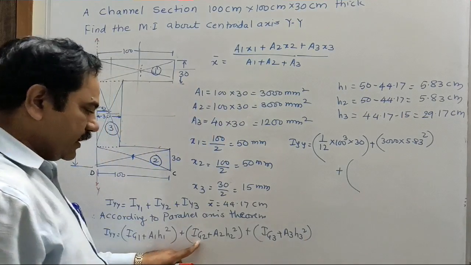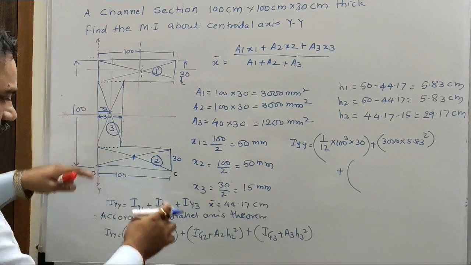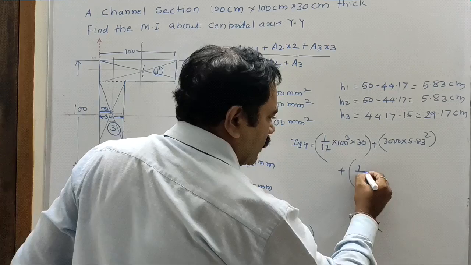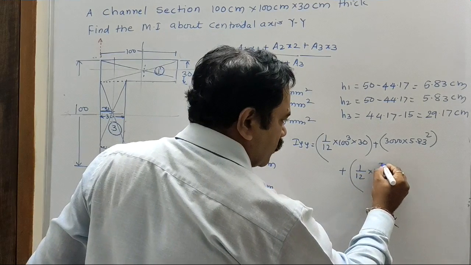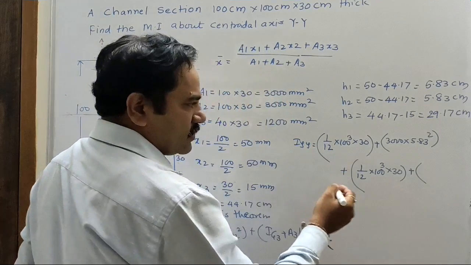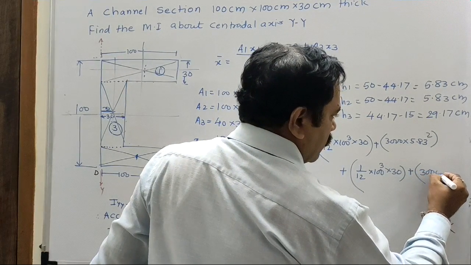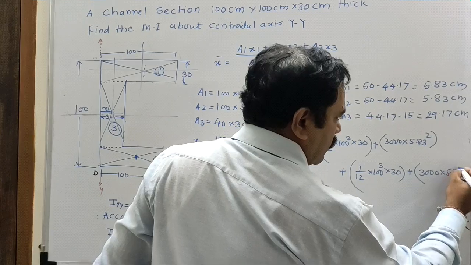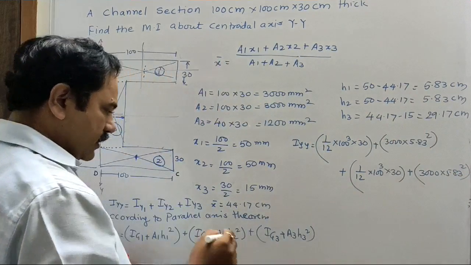Second, IG2 is similar, so 1 by 12 into 100 cube into 30 plus the same area and the same H2.